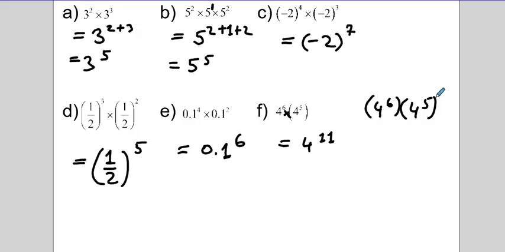This is a different bracket. If you had, for example, 4 to the power of 6, and then 4 to the power of 2 times 4 to the power of 3, you can do the brackets and work with the outside one too. You can also just combine it into one because it's still multiplication. The brackets are there just to separate the powers. They don't have any significance other than that.